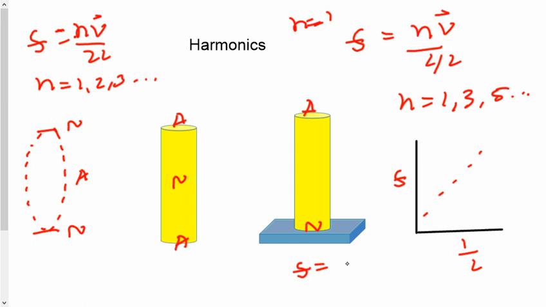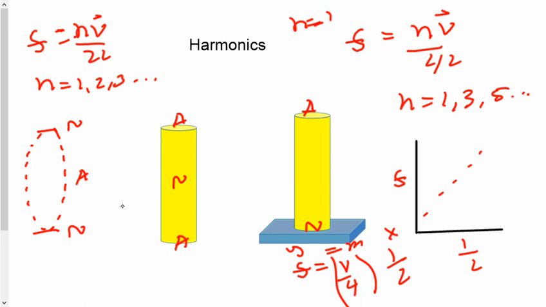So that's then going to equal the speed over 4, and I'll put that in parentheses, and then I'll have 1 over L here. So what equation do we have? Again, I've got y is equal to mx. X this time is 1 over L, because L is on the bottom over here. And my slope is the constant in front. Okay, so just v over 4. So the speed of sound divided by 4.